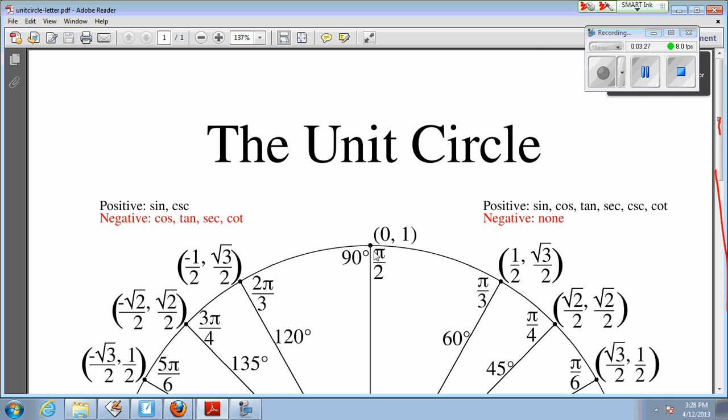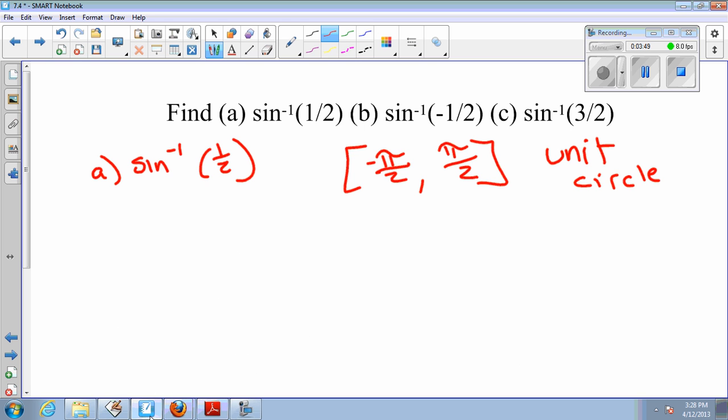So here's pi/2. -pi/2 would be at the 270-degree mark, and we're looking for a sine value that is 1/2. And we see it right here, and it occurs at pi/6. So our answer is pi/6.